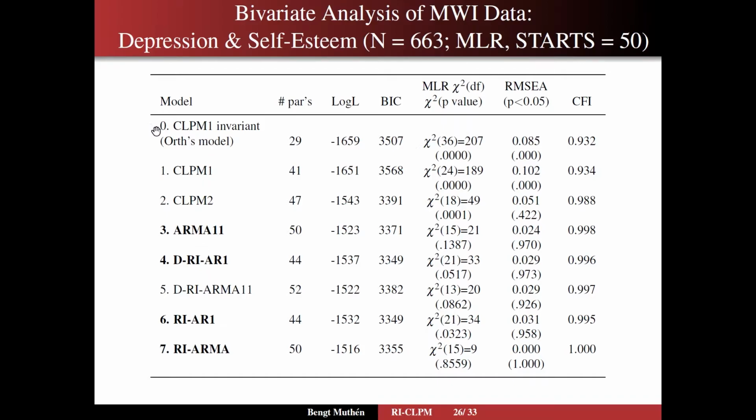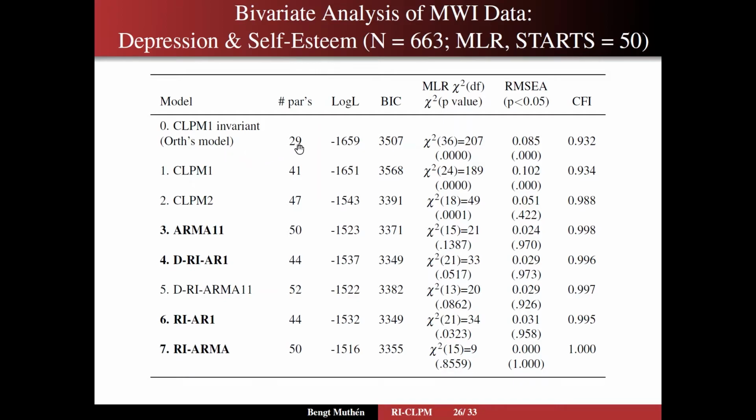So I start with the model 0 here, where you have the cross-lag panel model with the lag 1, so it's an AR1 model for each of the two processes. And the invariance refers to the autoregressive parts and the cross-lags, not the residual variances or covariances. And this is the model used in Ort's paper.